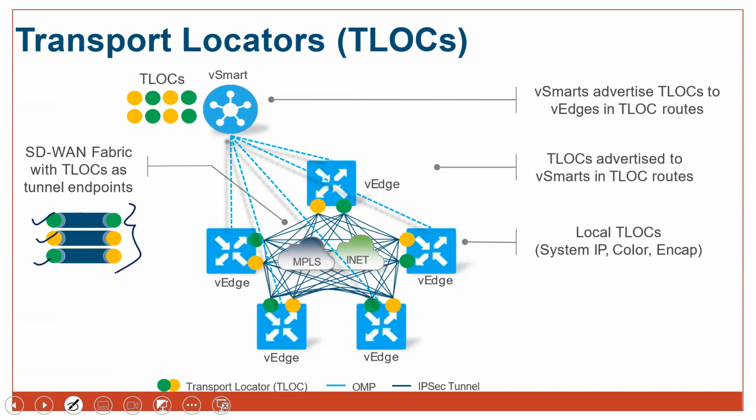This is the default nature. But if you use the restrict keyword, then this will not happen. Then only the same colors will form the IPsec tunnel. So in terms of transport locators, same color transport locators form the tunnels if we are using the restrict keyword.